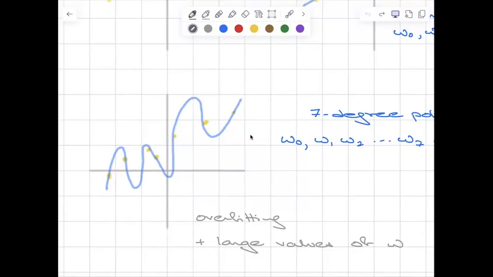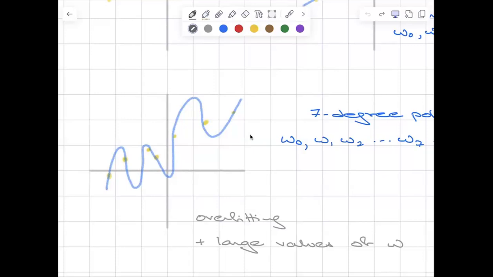One thing that we can observe is that when you have overfitting, the values of W0, W2 to W7, which we calculate, and you'll see how to calculate these for a 7-degree polynomial, tend to end up being very high. So one way of ameliorating this is to ask, how do I make sure that I do not get large values of W?